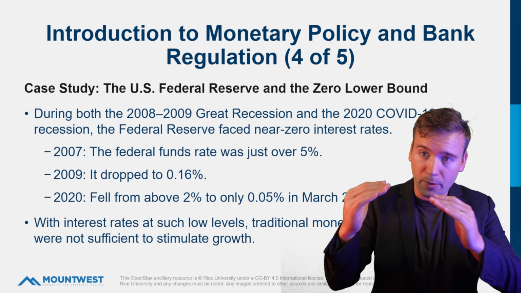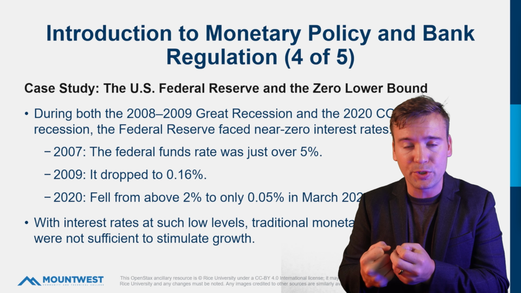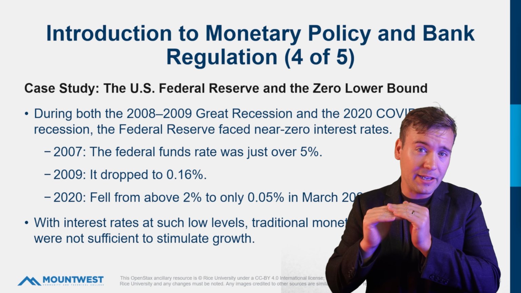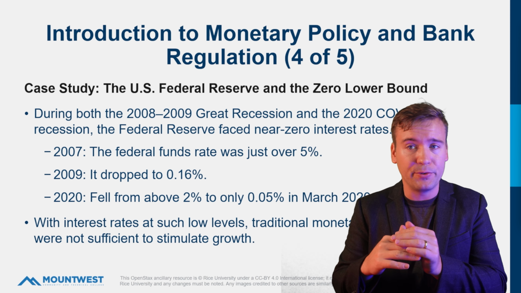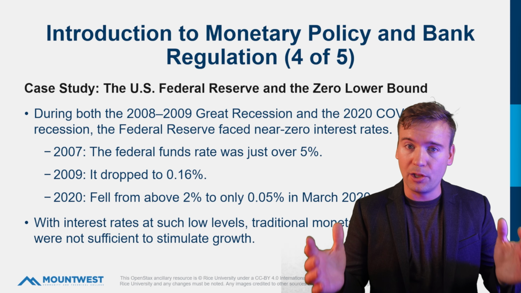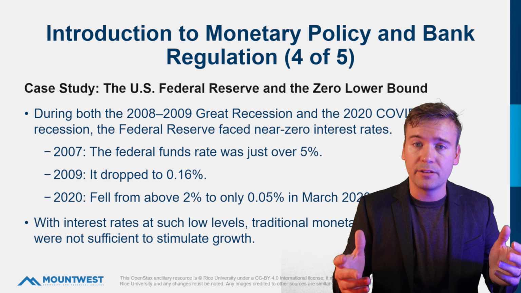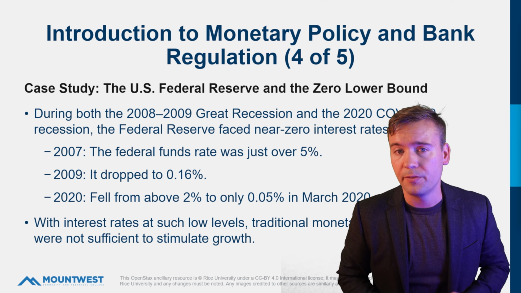So again, the purpose of lowering these rates is so we can stimulate the economy and get people borrowing and get people spending. But when you get that interest rate so close to zero, you can't go negative. So with those interest rates as incredibly low as they were, the traditional monetary policy tools like adjusting the federal funds rate wasn't really enough to jumpstart growth.